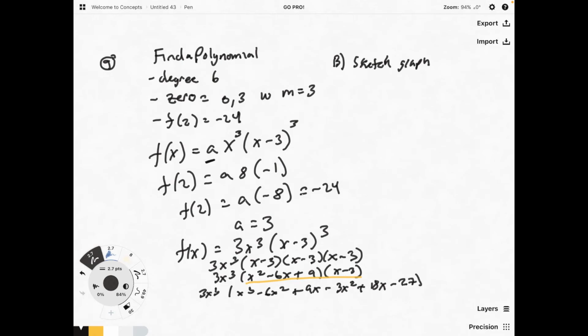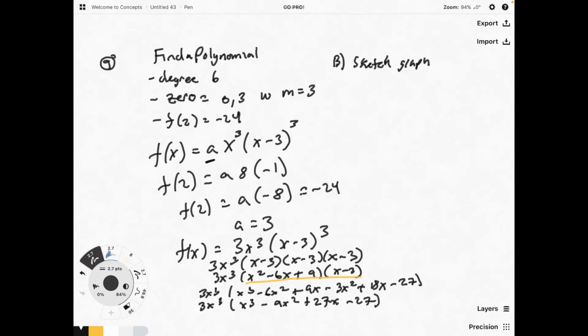When we combine like terms, we're left with the 3x cubed out in front. We get our x cubed, which gives us a minus 9x squared. And then we have the 9x plus the 18x, which is going to give us 27x. And then we are left with negative 27.